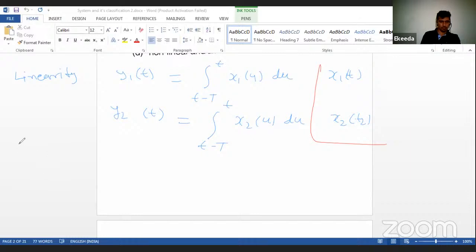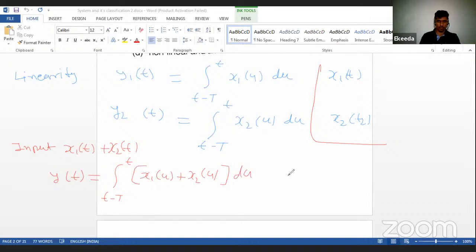When I give input x1(t) + x2(t), the output y(t) will be the integration from t - T to t of [x1(u) + x2(u)] du, which is simply equal to y1(t) + y2(t).